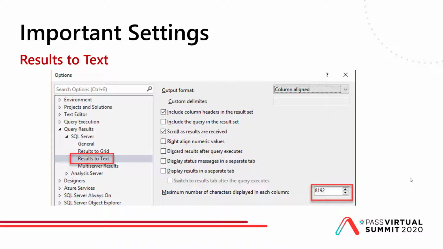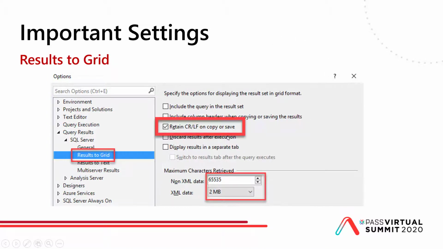But basically, with your output as text, it needs to be as big as possible. That's for when we were pulling the queries for each row, for each table. We were generating an alter statement for each table. You're going to do the same thing with results to grid. You can make it as big as you want, and in fact, it can be even bigger.